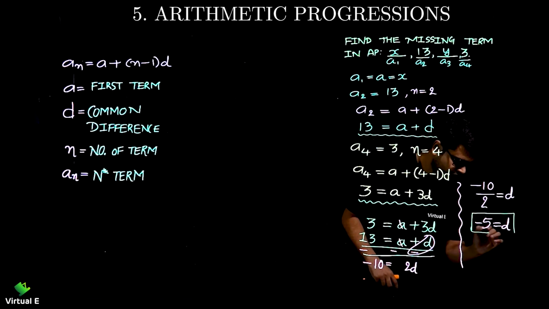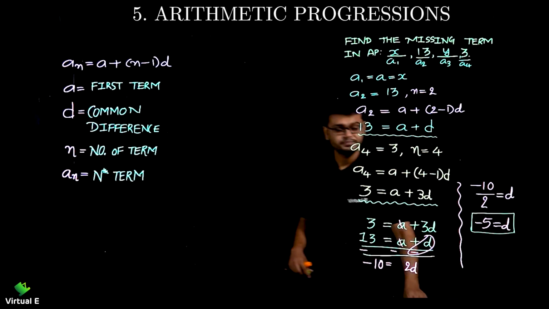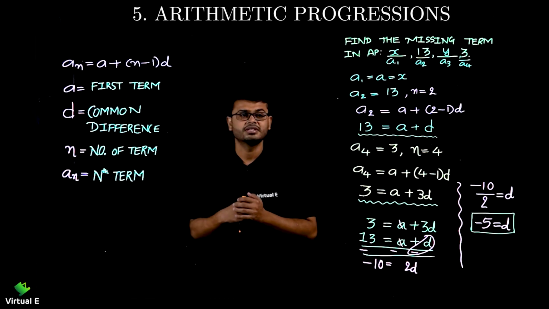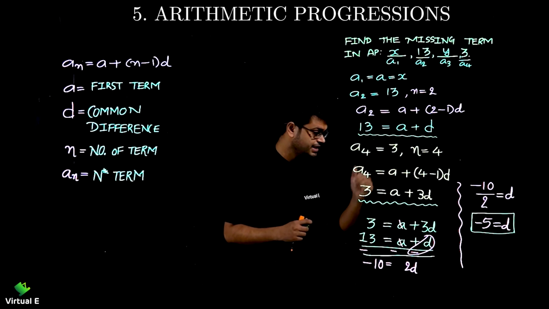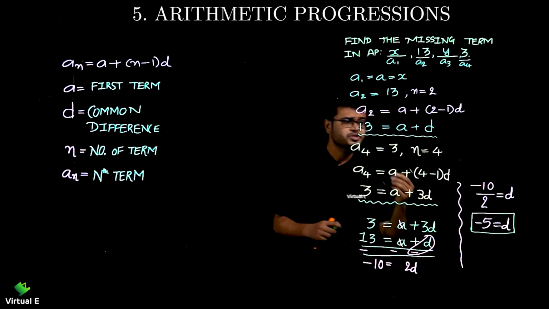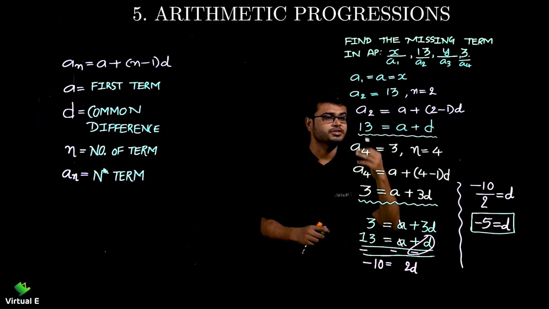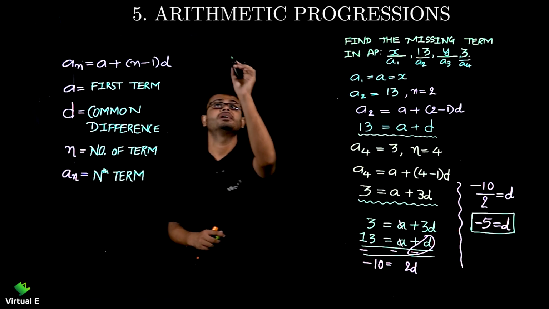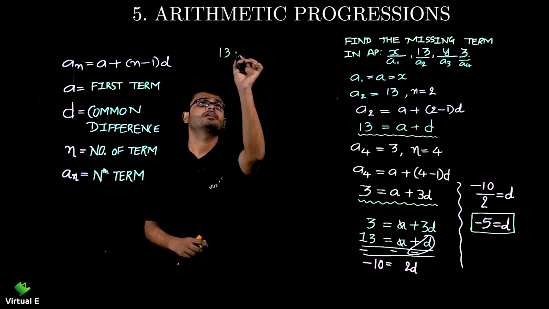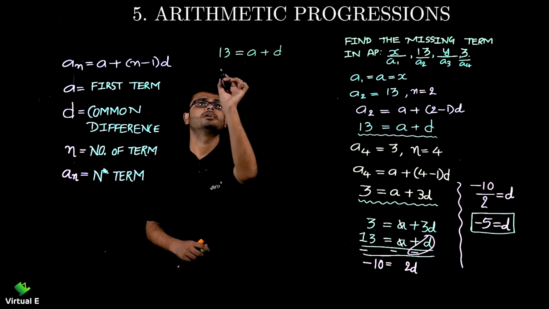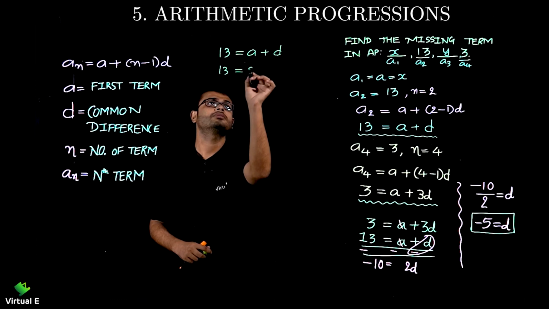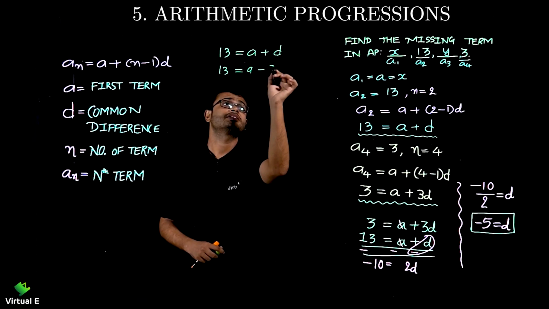Now which value do I need after d? We have the common difference. We need to get the value of a, right? So let's get the value of a. We can substitute in any of the equations. Let's start with the first one. 13 is equal to a plus d. Then 13 is equal to a minus 5.